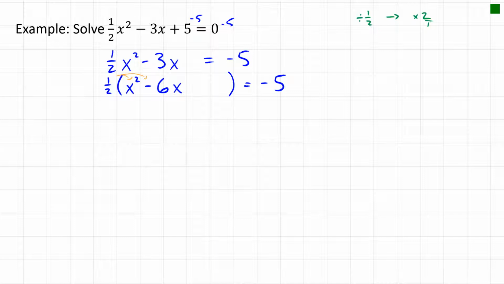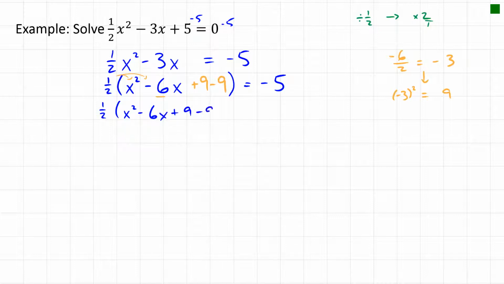So if you need to convince yourself that factoring off that half is the same as multiplying by 2, there's your little proof of that. But now that we've got that 1/2 factored off, we're ready to proceed as before. So we take our negative 6 and we divide it by 2 and we get negative 3. And then we square it and we get 9. So we're going to add 9 and then take 9 away. And that's our first step for completing the square.